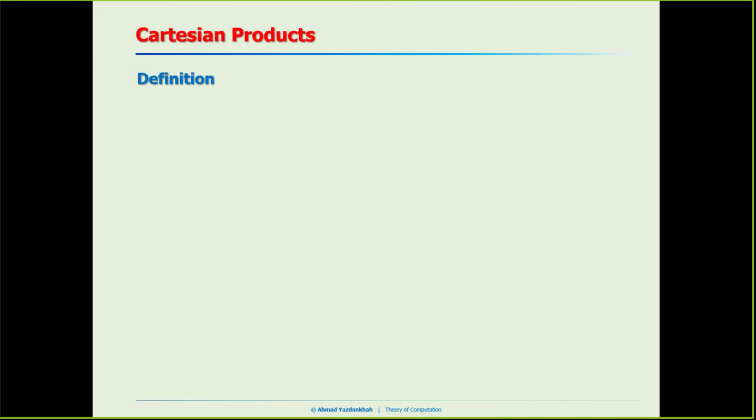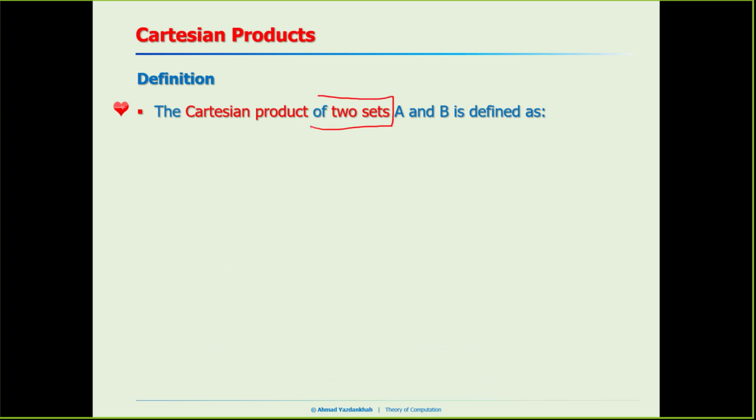Okay, here is the definition of Cartesian product. We have two sets. You remember I said sets are so important. So now it appears here. We have two sets and we define Cartesian product A cross B by this set builder.